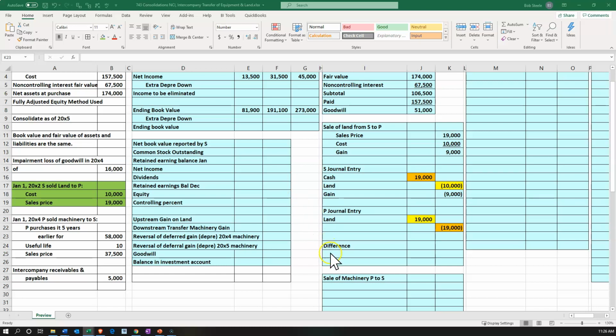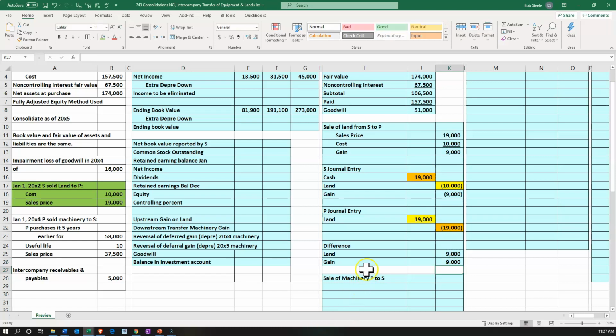What's the difference that we're talking about here? Well, cash is going to net out against each other, and then we're going to have the land. The land now is netting out between this and this, the difference being 9,000, which is of course the gain. And then we have this gain that's on the books, and that shouldn't have been there because we sold it in essence to ourselves.